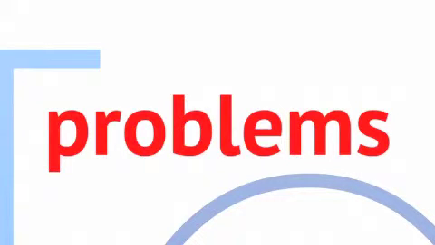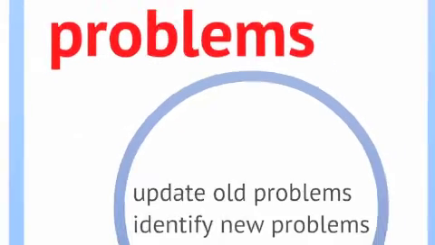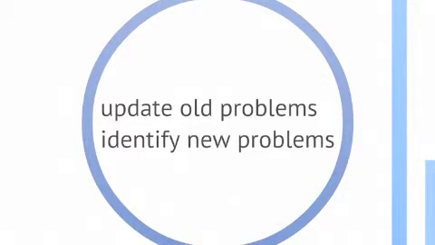Aside from these more routine and well-documented measures of disease activity, there may be other different problems. And so one needs to look at the patient's previous problems and see that they're updated as regards progression, and identify any new problems that need to be dealt with at this particular visit.